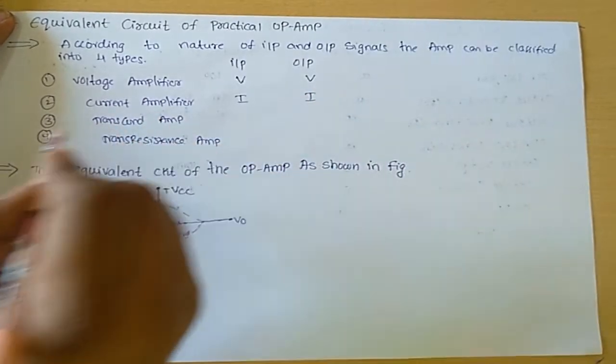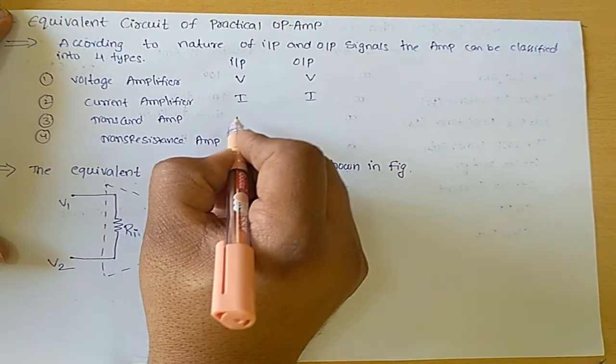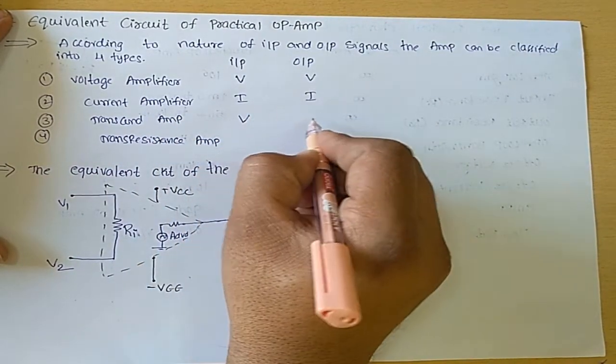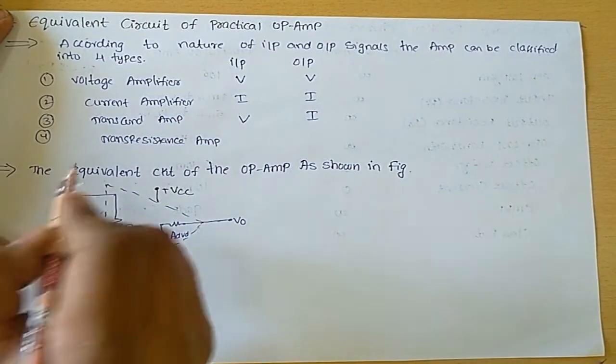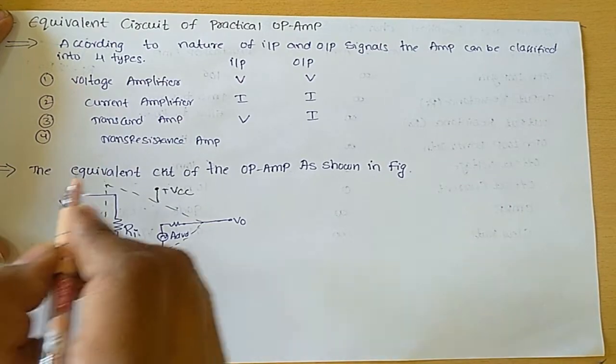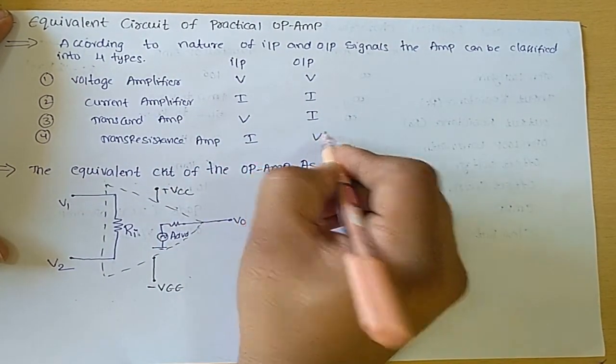In the transconductance amplifier, the input is a voltage signal and the output is a current signal. And in the transresistance amplifier, the input is current and the output is voltage.